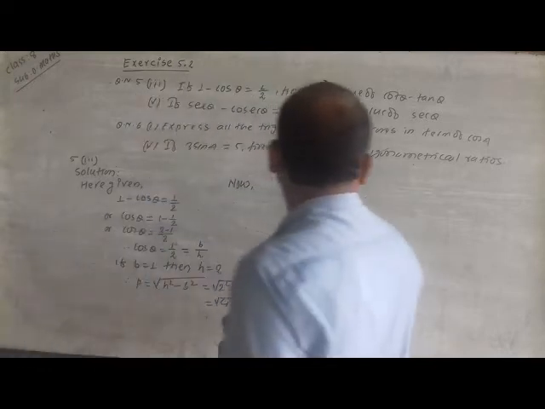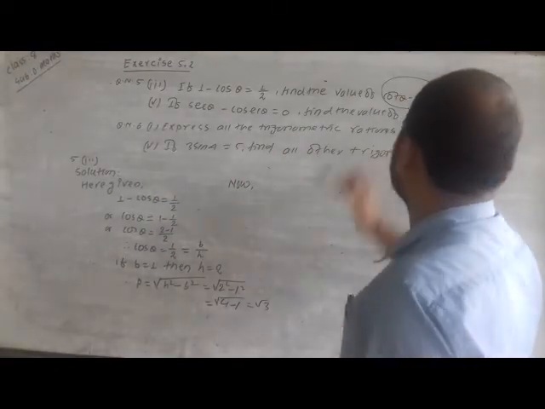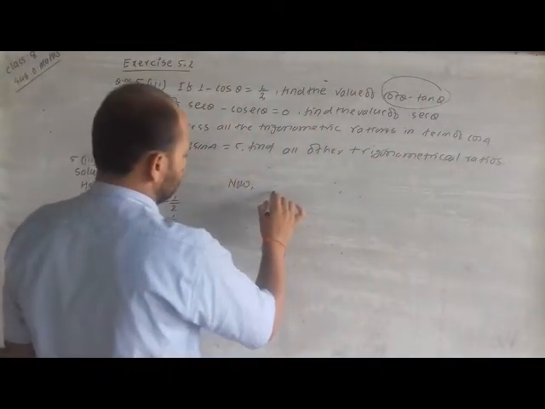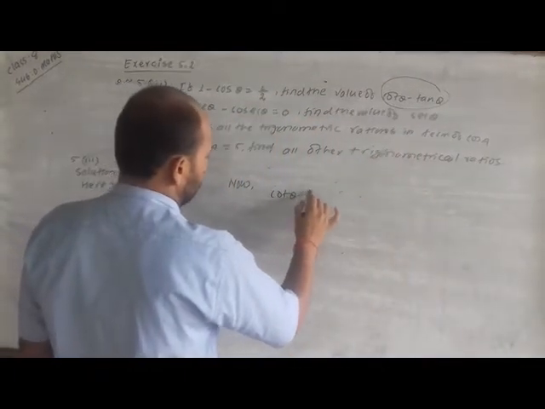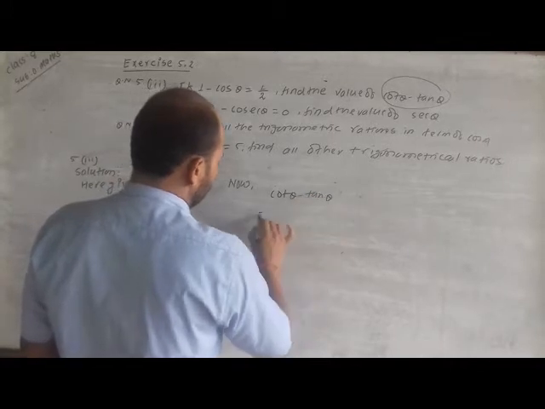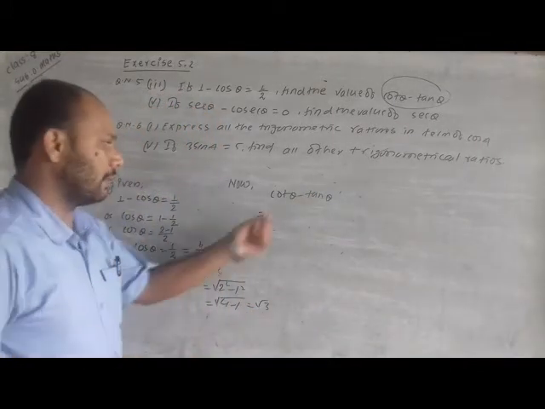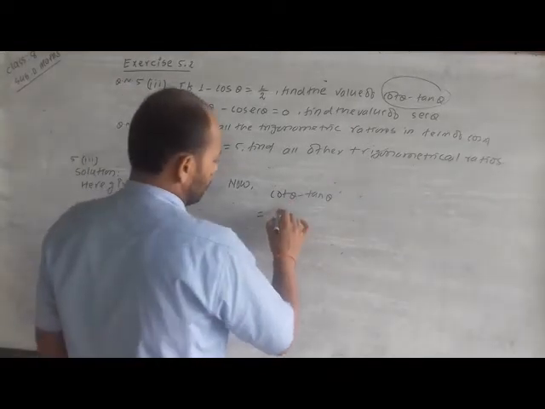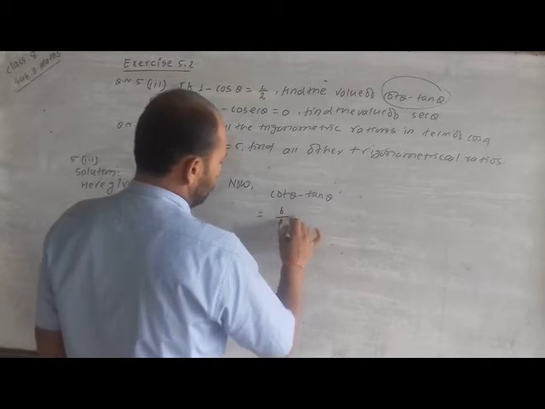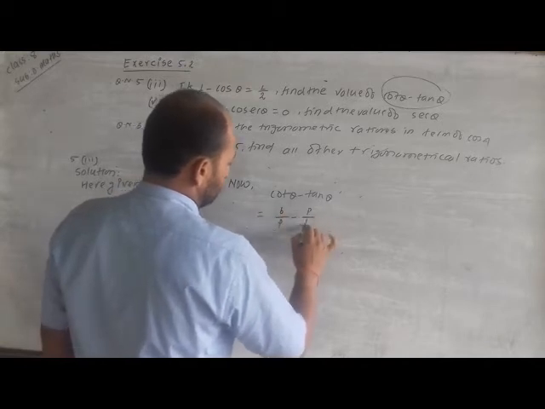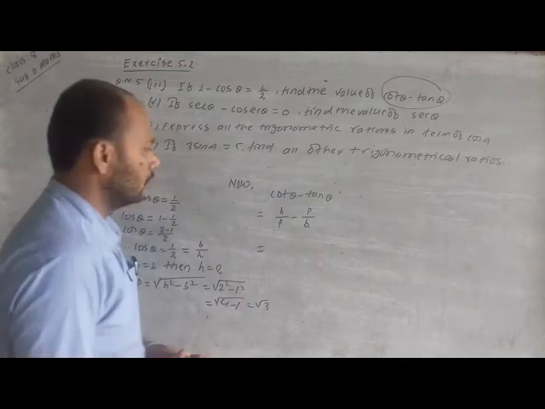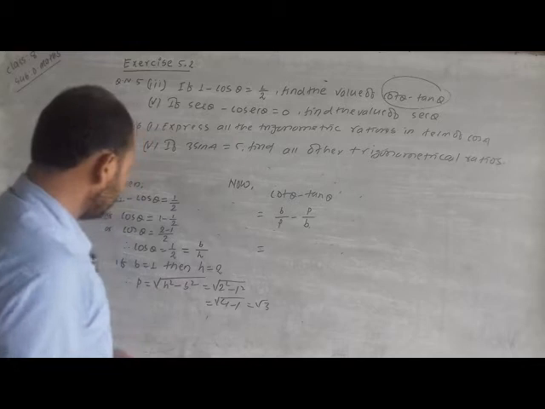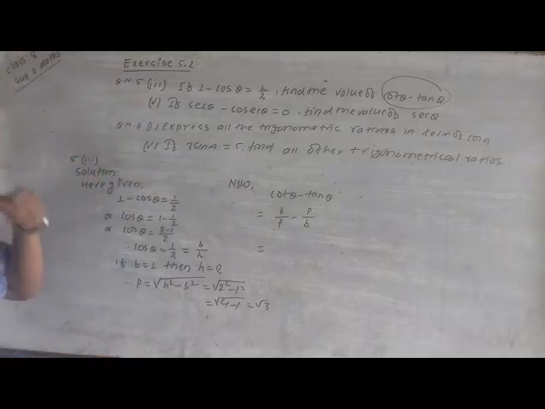Now your question says find the value of cot theta minus tan theta. Now I am going to find the value of this. Now look here, cot theta minus tan theta, and we know the formula to find cot theta: cot theta is b by p and tan theta is p by b.